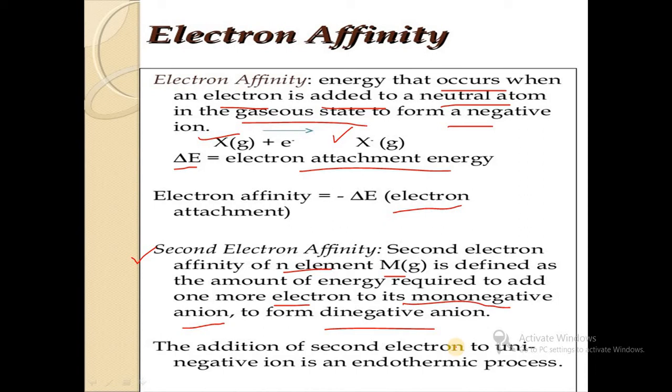Due to the presence of one negative charge, when we add one excess electron, electron repulsion takes place, and here energy is required to add the electron, so that process may be endothermic. So the addition of a second electron to a uninegative ion is an endothermic process, because due to the repulsion extra energy is required to overcome the barrier.